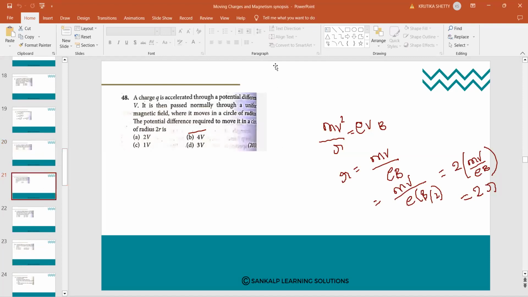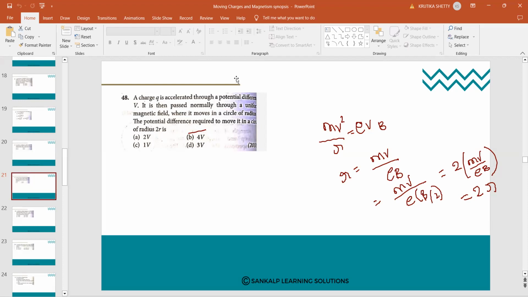Okay, the next question is: a charge Q is accelerated through a potential difference V. It is then passed normally through a uniform magnetic field where it moves in a circle of radius r. The potential difference required to move it in a circle of radius 2r is.